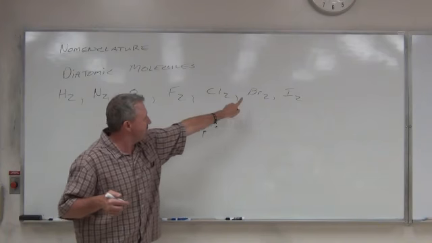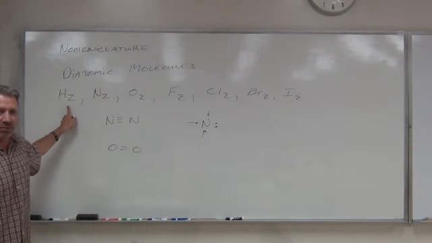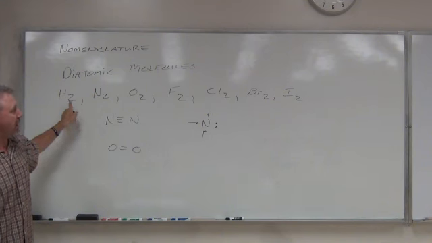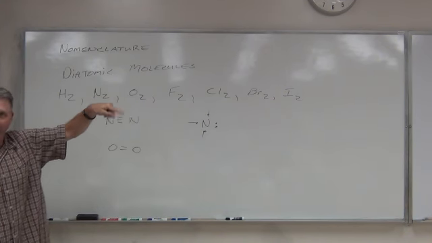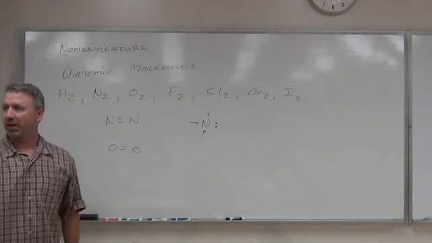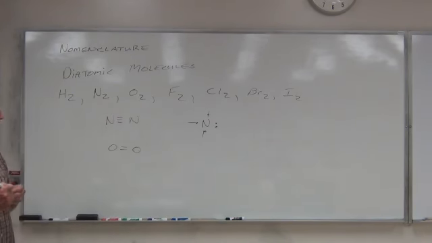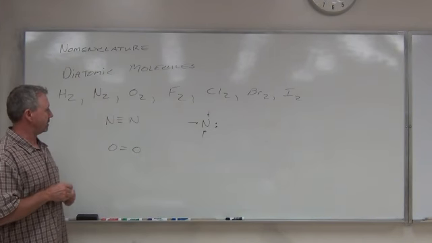All of these guys only have 1 electron, which means they can only form 1 bond. Fluorine, chlorine, bromine, and iodine are group 7s. They still have 1 bond and 3 lone pairs. Hydrogen's group 1, so it's only got a single bond.